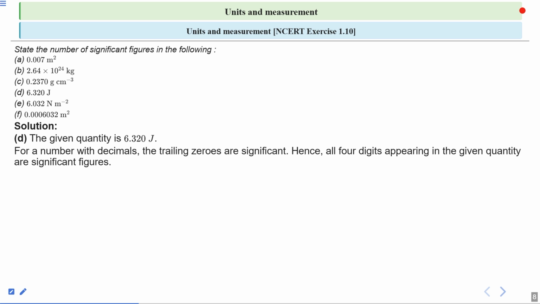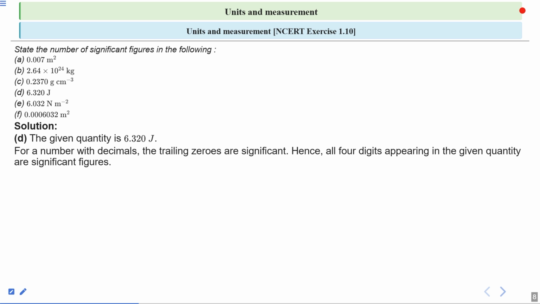But if the answer is 6.00 joule, there can be only 0.005 joule error, so the value can be 6.005 or 5.995.